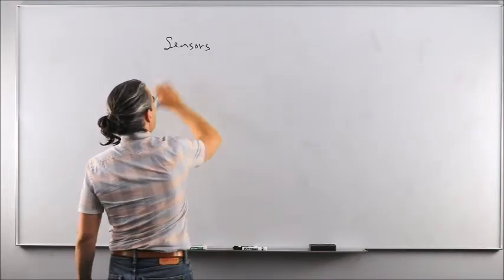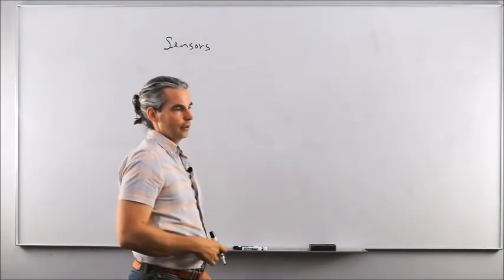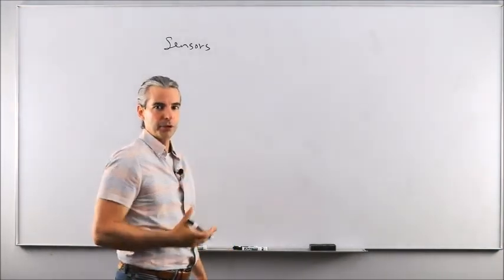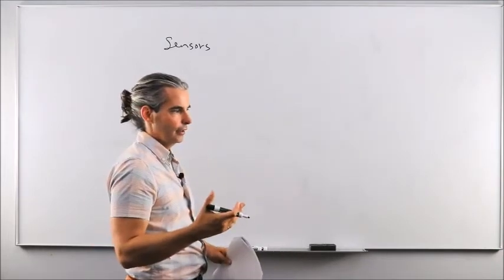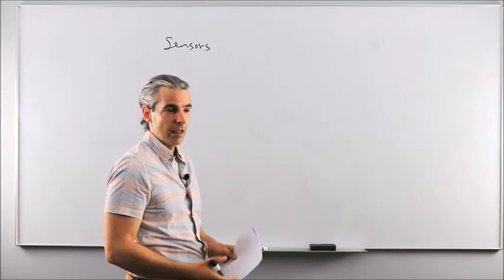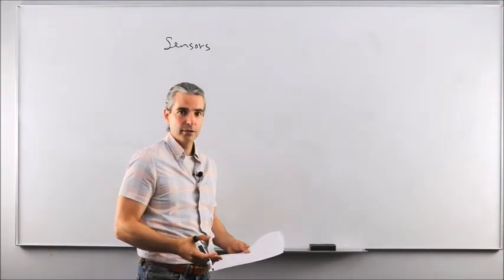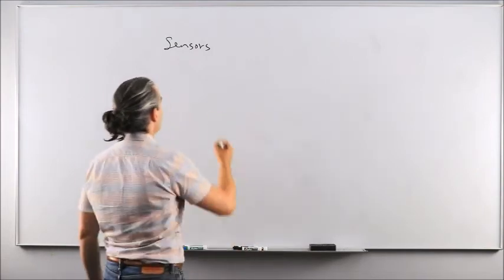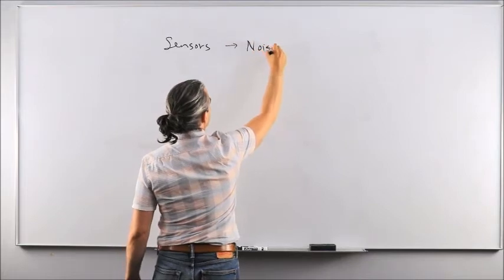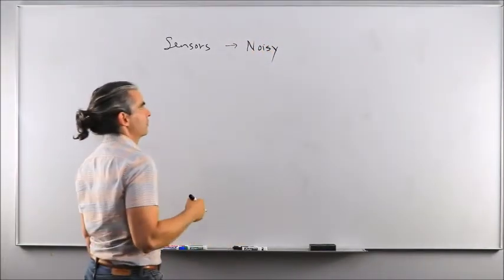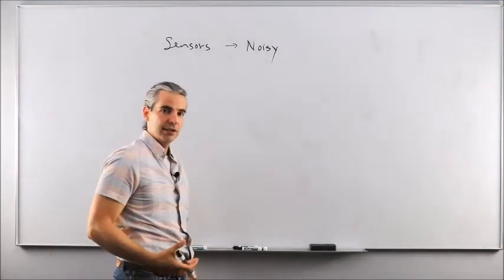So sensors are a fundamental part of any feedback control system. The problem with sensors is that they won't provide you with the real value of the current output of the system, because sensors are mechanical or electronic devices, and therefore they're not 100% accurate. Or we could say that they are noisy. Okay? Sensors, by their fundamental nature, will introduce noise in the system.